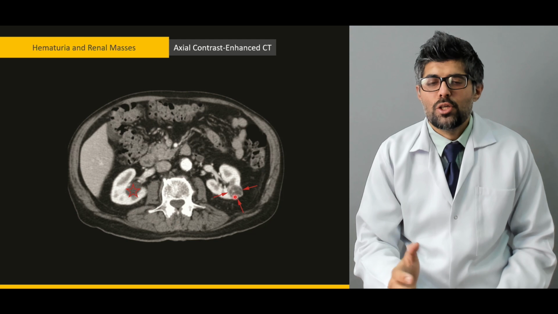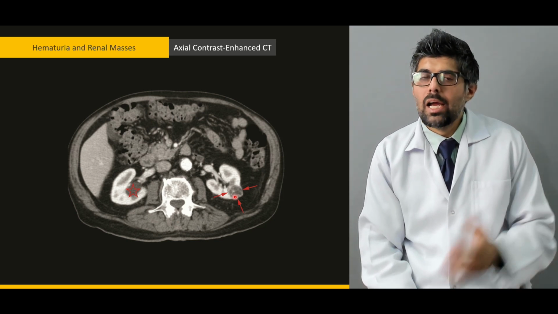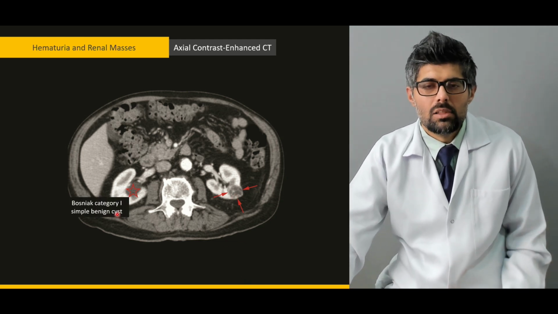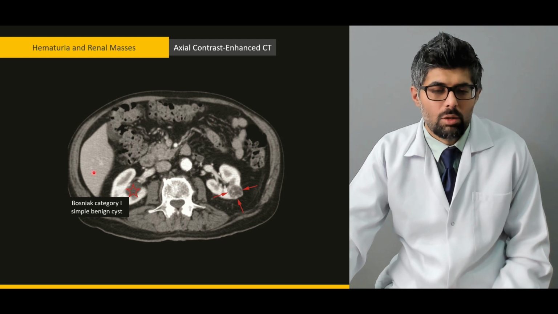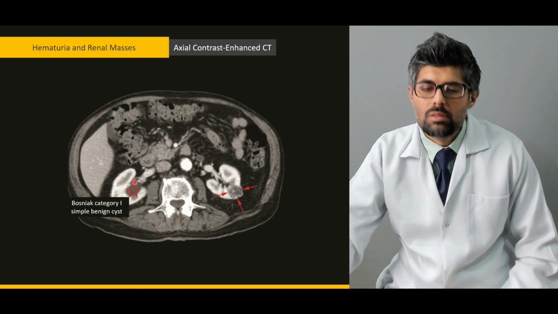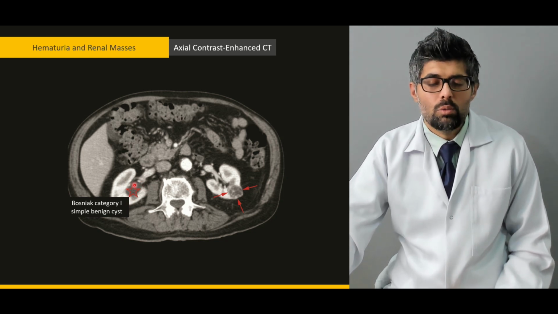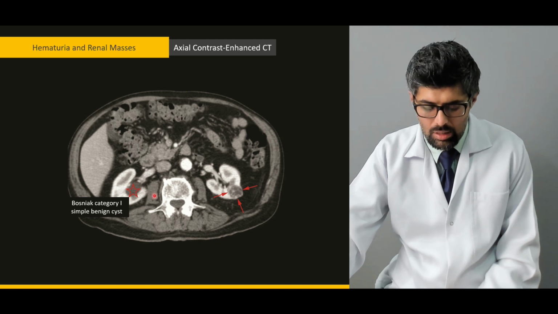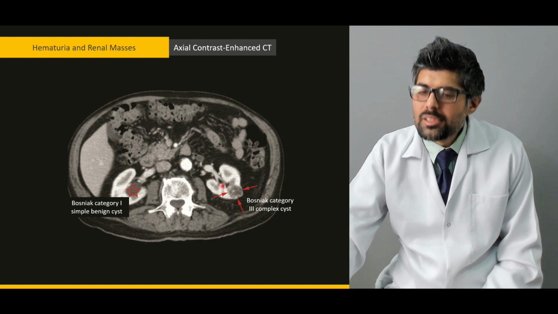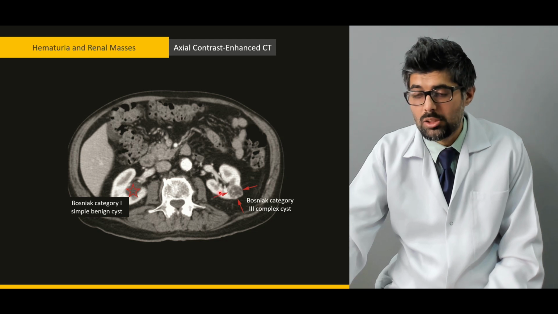Next, we have a patient with both category 1 and category 3 cysts. So this is an axial contrast enhanced CT scan of the patient. This is a category 1 Bosniak benign cyst. As you can see, it's a simple cyst with well defined margin, but in the left kidney the cyst is a complex one, and it is of category 3 or class 3.